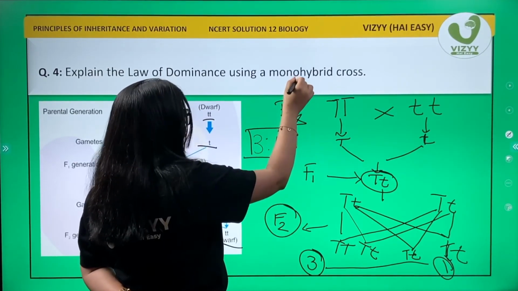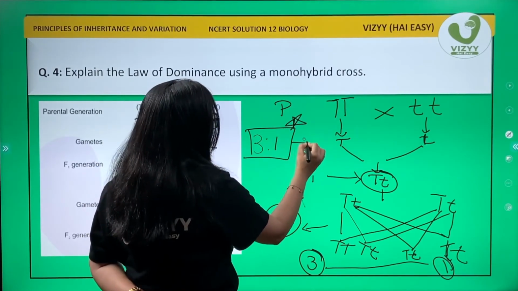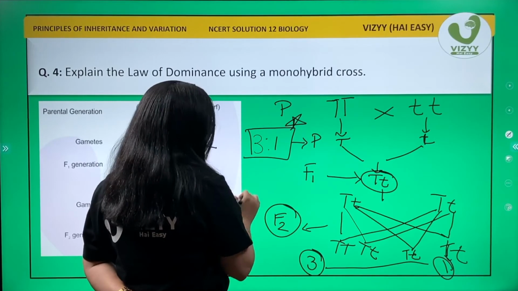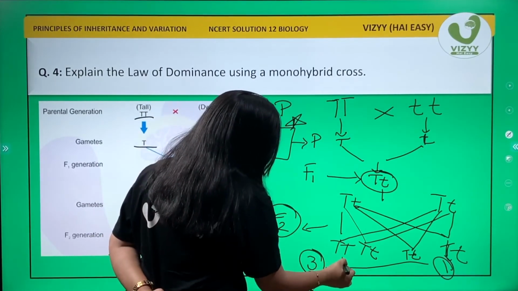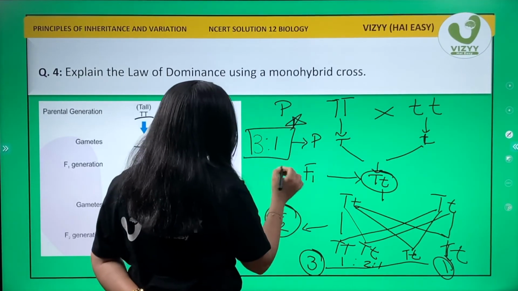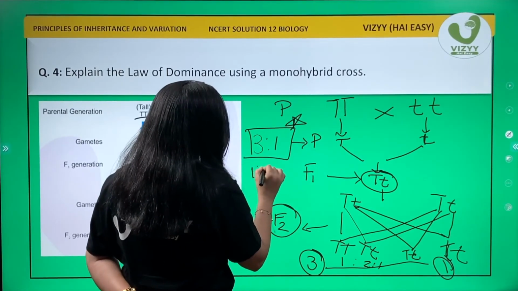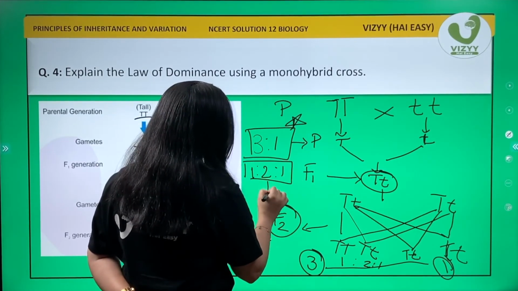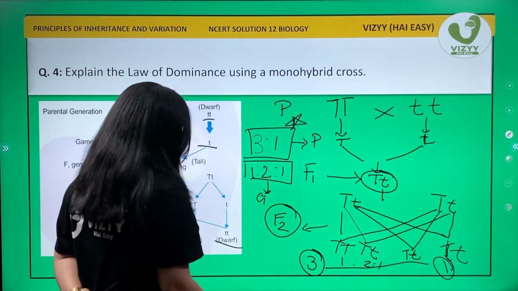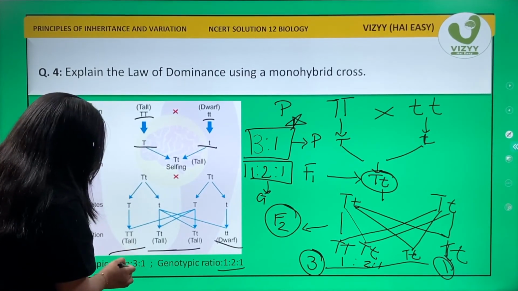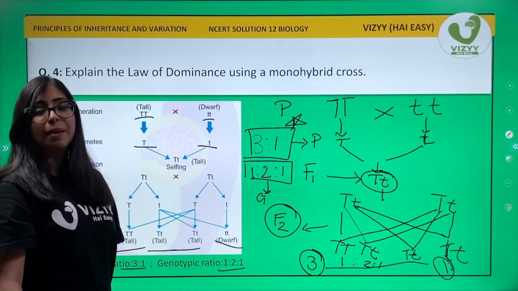For a monohybrid cross, the phenotypic ratio is 3:1, whereas the genotypic ratio is 1:2:1. Please remember this.